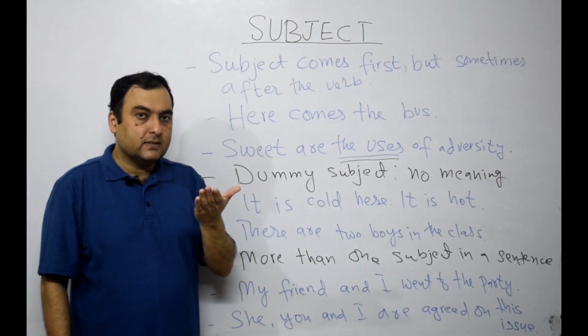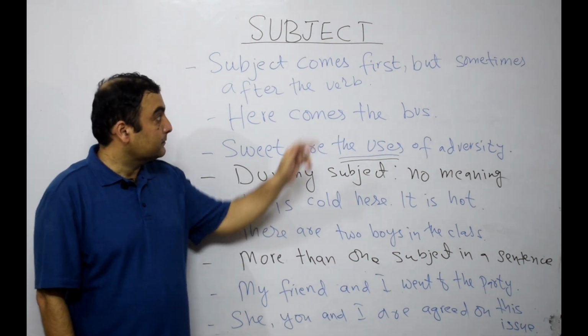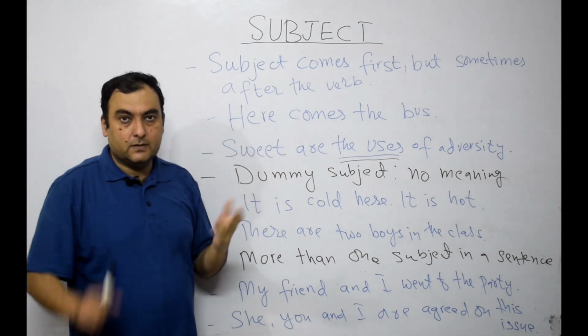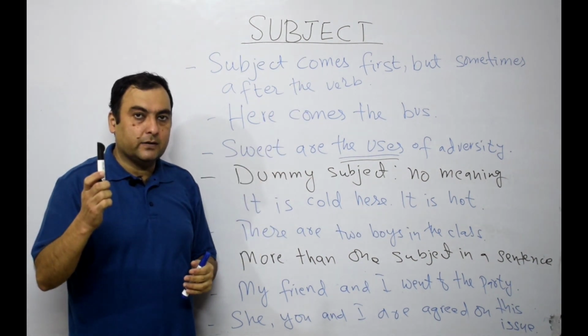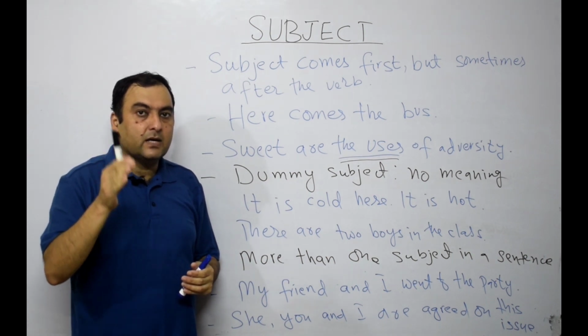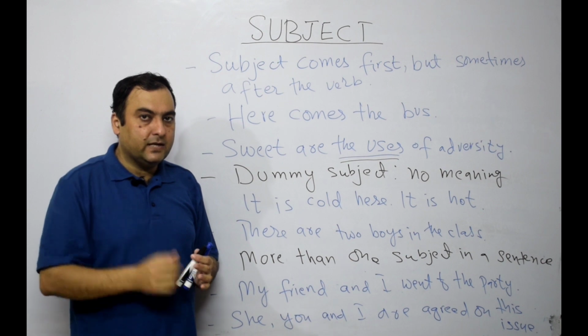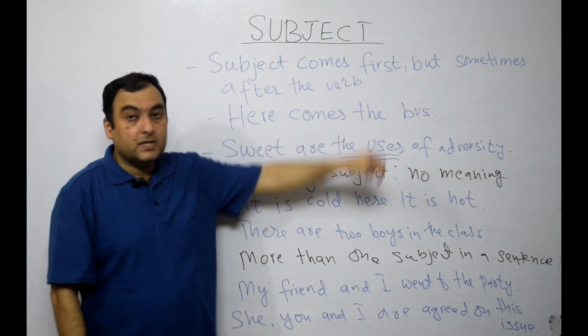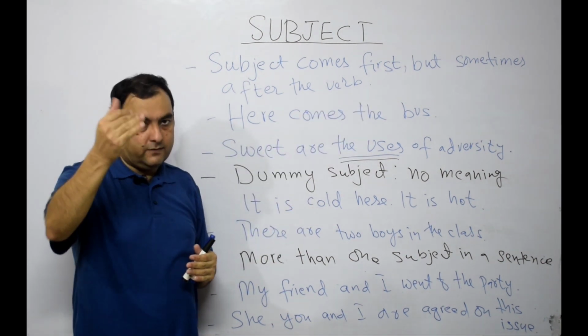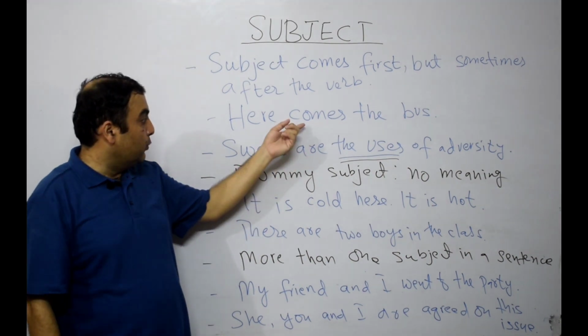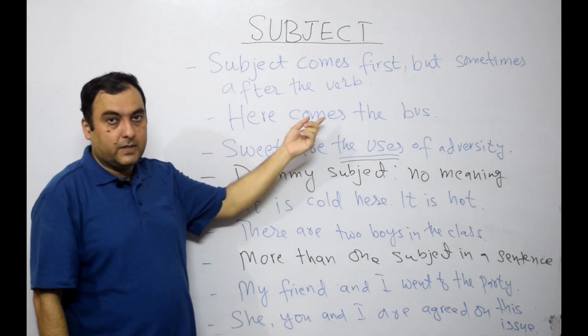Some more points about the subject in English. Subject comes first. Yes, for example, I have a marker. So I is the subject. It comes before the verb. So subject comes before the verb in English. But sometimes the subject may come after the verb. For example, we have this sentence here: here comes the bus.